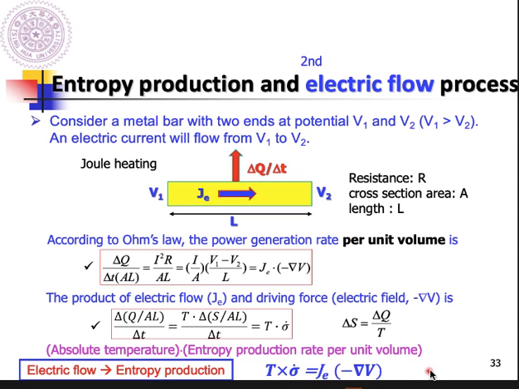Then you divide it by T, and you get the entropy production rate per volume. So this example tells you that the electrical flow will lead to an increase of entropy, and you can also quantitatively show what the entropy production rate per volume in the system is.